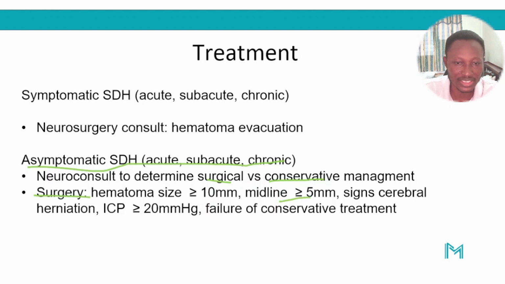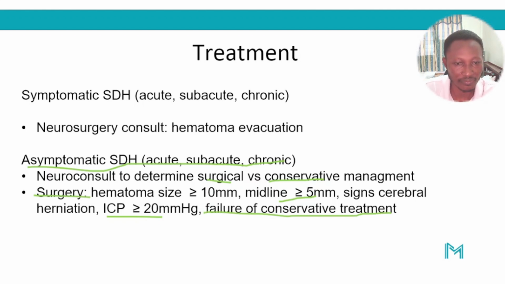Also, if there's a midline shift of more than 5 millimeters, signs of cerebral herniation, or signs of increased intracranial pressure, so if the intracranial pressure is greater than 20 millimeters of mercury, those are indications for surgical management. And obviously, if you've tried conservative management and it has failed, you have to abandon that and do surgical management.